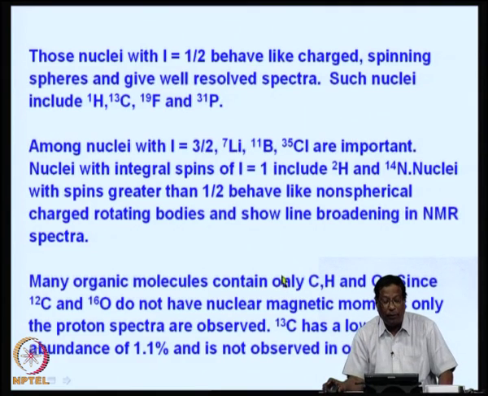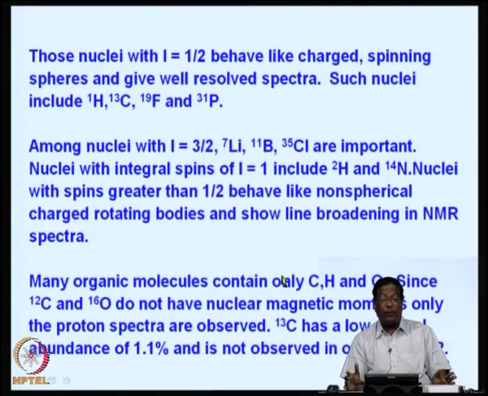Several organic compounds contain only carbon, hydrogen and oxygen. Since 12C and 16O do not have nuclear magnetic moments, only the proton spectra are usually observed. 13C has a low natural abundance of only 1.1%.